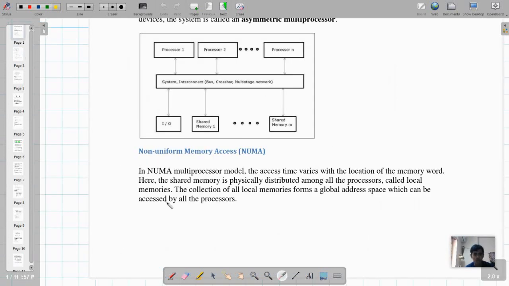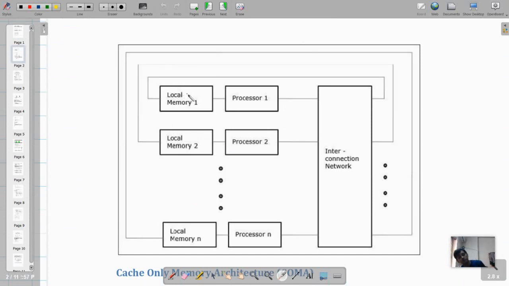Now, at the end, what happens? The collection of all local memories forms a global address space which can be accessed by all the processors. Again, although the memories have been made local to the processors, it doesn't necessarily mean that a particular local memory can only be accessed by the processor to which it has been assigned.